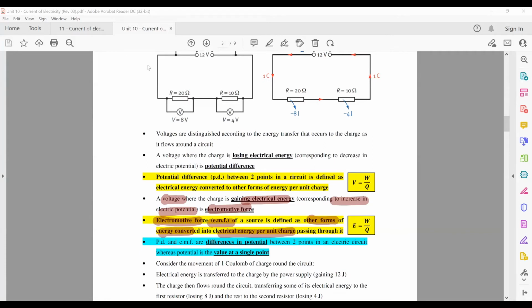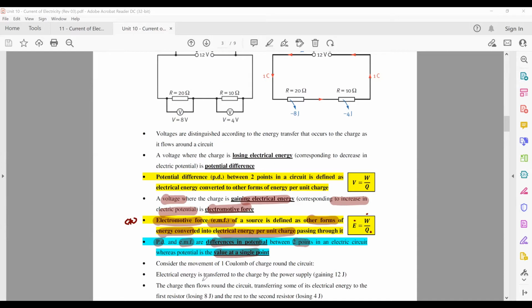Again, this is the formal definition that you should use if you're asked about EMF. As I mentioned earlier, PD and EMF are really just differences in potential between 2 points in a circuit, whereas value of potential is the value at a single point.